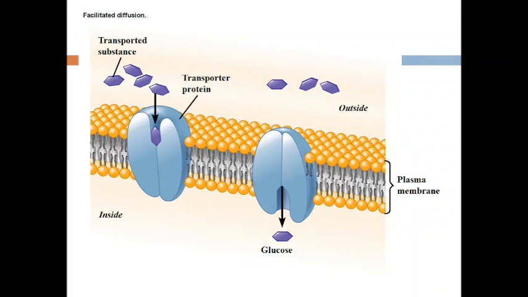A carrier is found in facilitated diffusion, and specificity for the structure of the transported substance is found in the specific carrier protein. It also follows saturation kinetics and has specific inhibition ability.